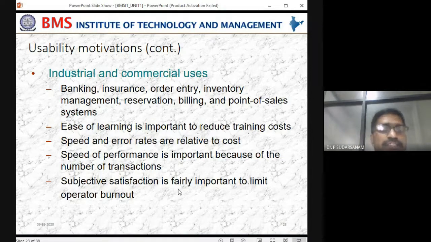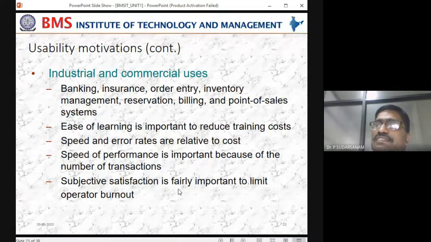The next one is that speed and error rates are relevant to cost. Take the banking sector as an example.